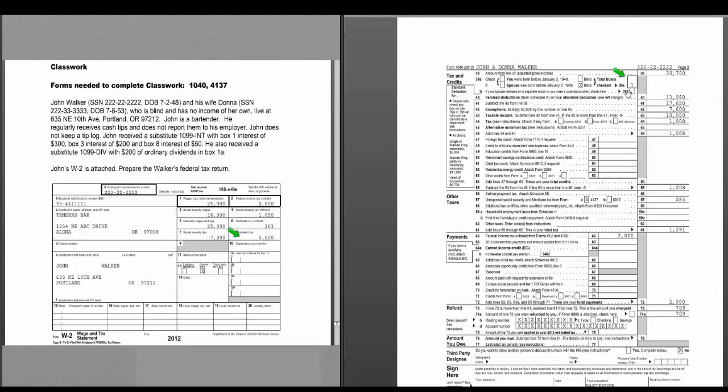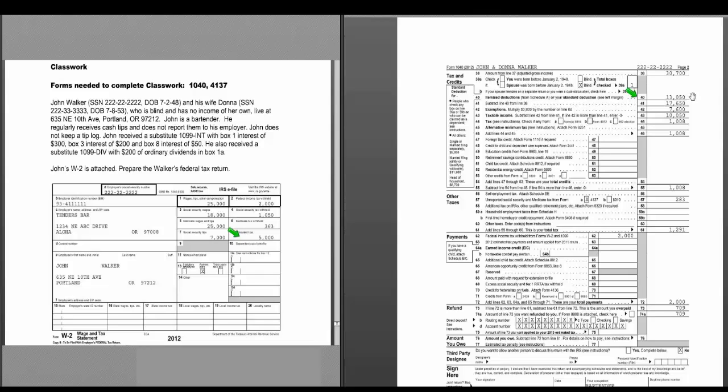Next thing we do is look at the standard deduction on line 40. We go over here, married filing joint. They're going to start out with $11,900, and we're going to add another $1,150 for Donna's blindness and end up with $13,050 for their standard deduction.